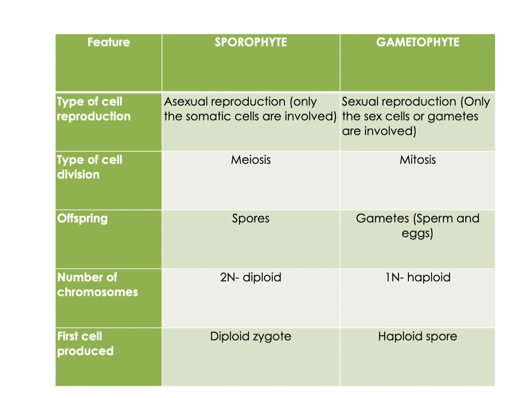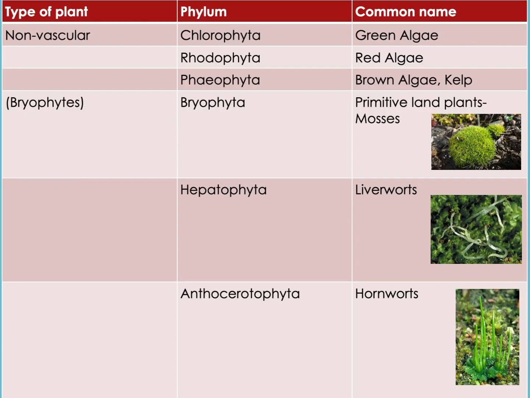The offspring produced is the spore for the sporophyte, while in the gametophyte stage they produce two types of gametes, either sperm or egg. So the number of chromosomes is haploid for the gametes and diploid for the spore. The first cell produced from the sporophyte is the diploid zygote, and it is the haploid spore that is produced by the gametophyte.